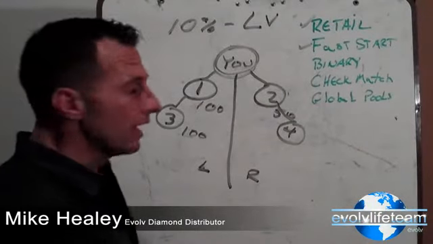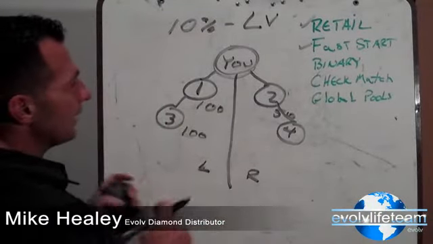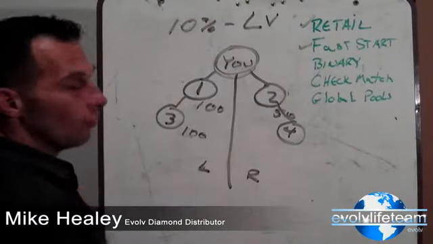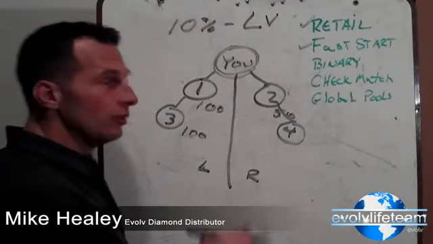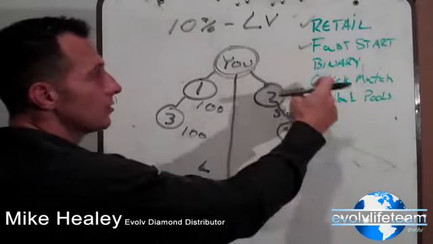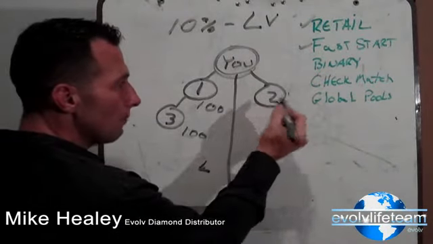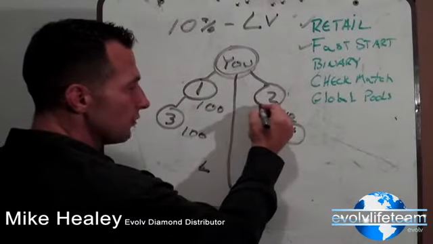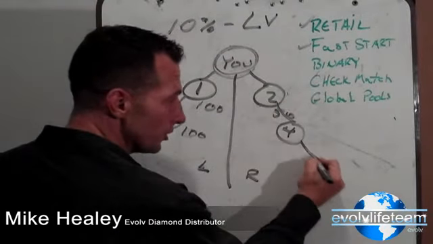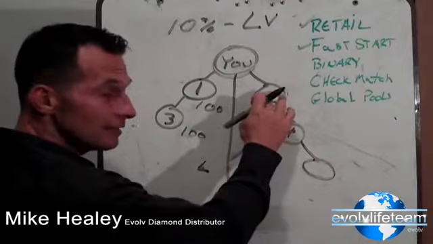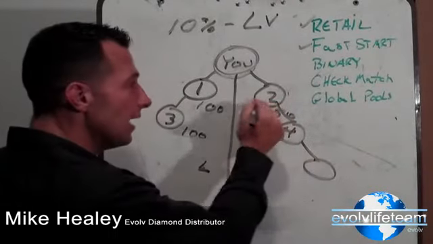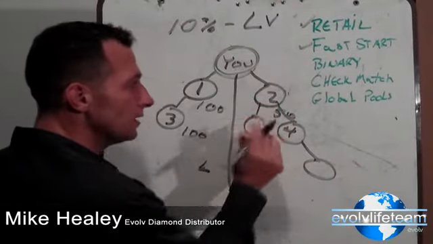Basically on a binary, you always make the retail, you always make the fast start, but on the binary it's about building a team. Let's say rep 2 goes out and sponsors his first person. He might put his first person down here because he has to have somebody to his right, and then his second person he would put to his left.